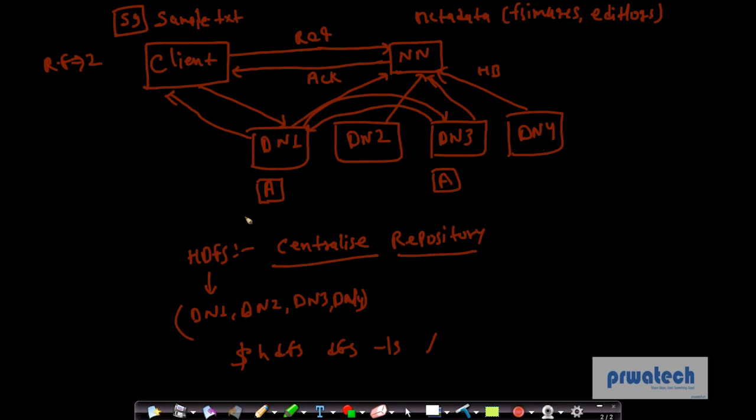If I have 100 nodes, I can list this file from 100 different data nodes. Okay, because internal SSH communication is already there. Master is taking care of it, but locally this data is stored in DN1 and DN3.